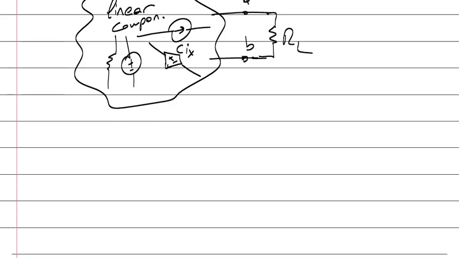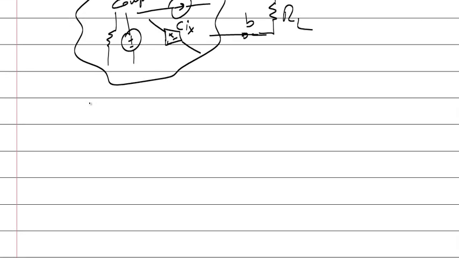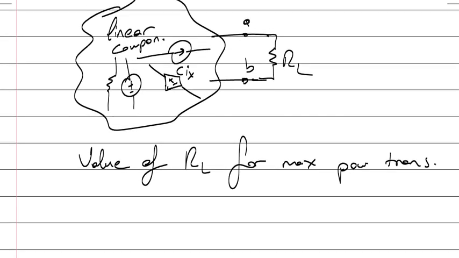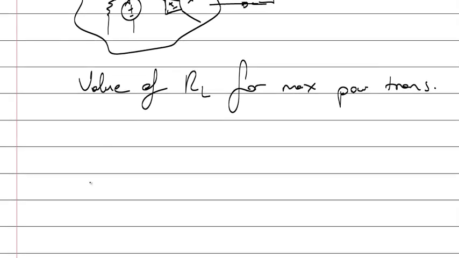To calculate this, what should be the value of RL for maximum power transfer? First, you have to calculate the Thevenin equivalent of that circuit.